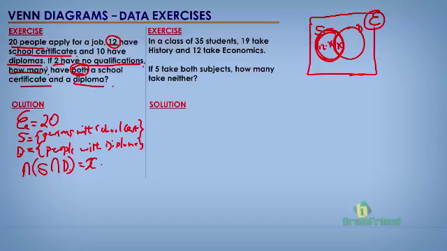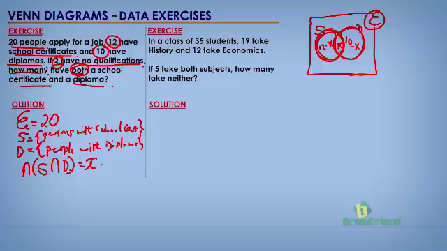For our set D, we also have this region to be the number of persons that have diploma, which is 10, minus those that have both diploma and certificate. Lastly, we have 2 persons that have no qualifications.